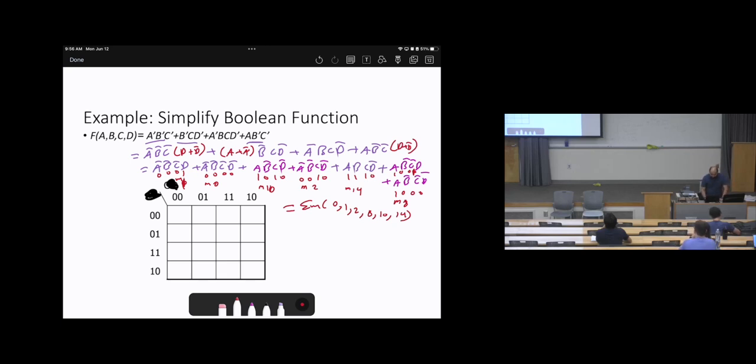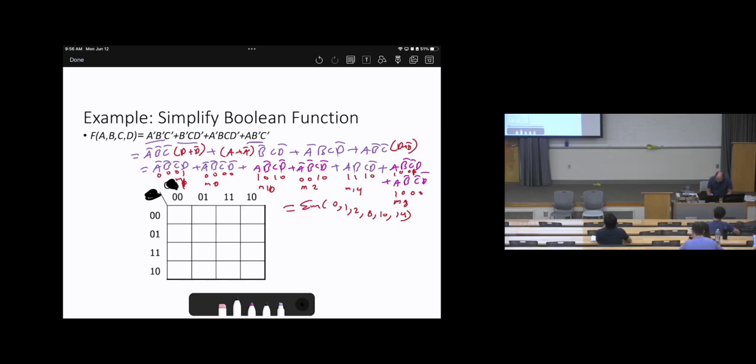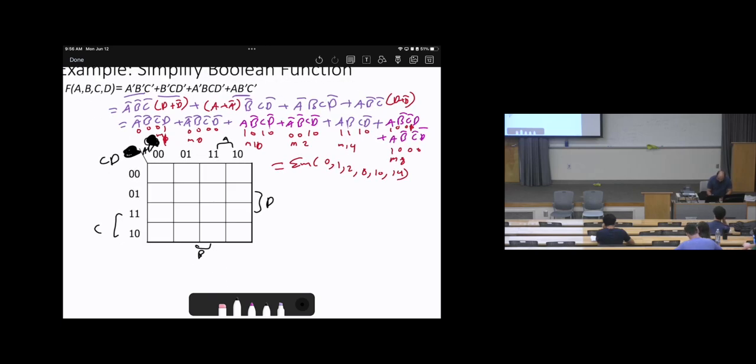Then, let's draw the Karnaugh map. According to the Karnaugh map, this term should be CD. This term is AB. So this is the area of C. This is the area of D. This is the area of A. This is the area of B. Then don't forget to write on the corner the number of minterms.